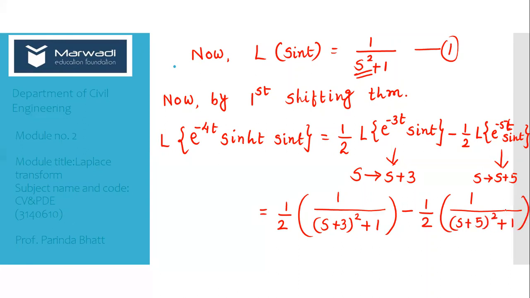This is the final answer. If you want more simplification, you can do it yourself: take the LCM and open the polynomial in the denominator. But here, no change. Therefore, this is the final answer. Everyone clear?